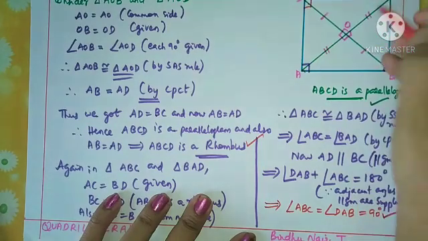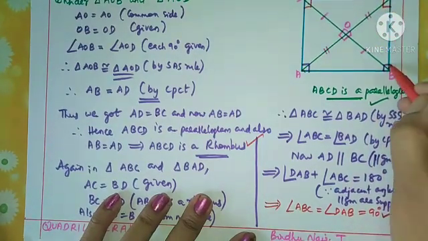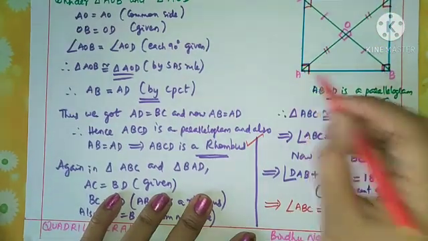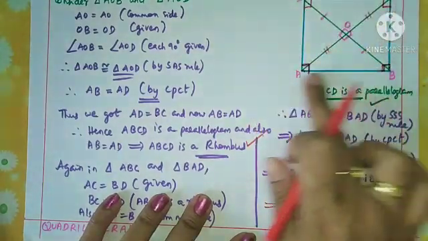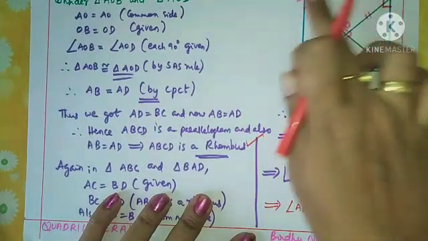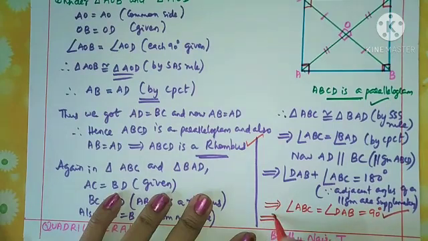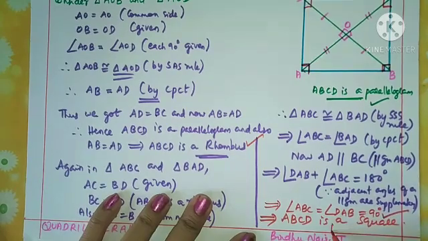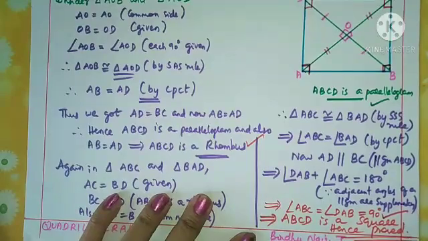Thus we got all the four angles equal to 90 degrees. So what is the conclusion? All the four sides are equal and each angle is 90 degrees. Thus this implies the quadrilateral ABCD is a square. Hence proved. So that is the answer.